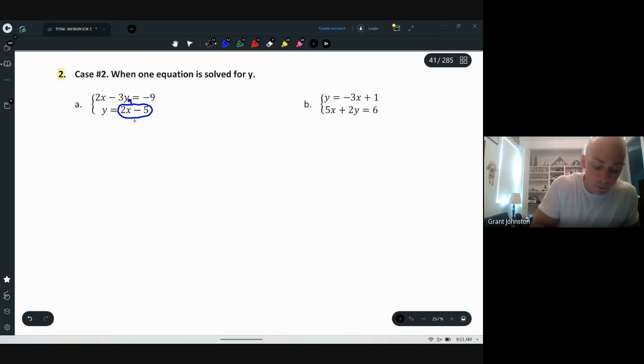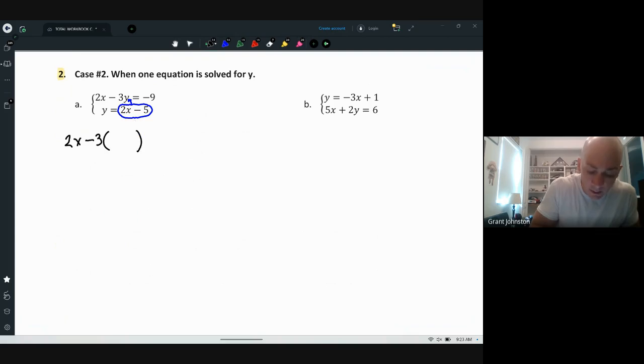I'm going to rewrite it: 2x minus 3 times the quantity 2x minus 5 equals negative 9. I rewrote the first equation, 2x minus 3y equals negative 9, but where y was, I substituted 2x minus 5.